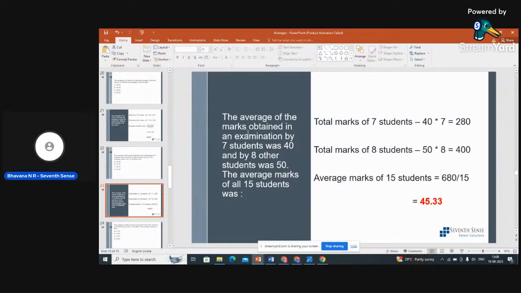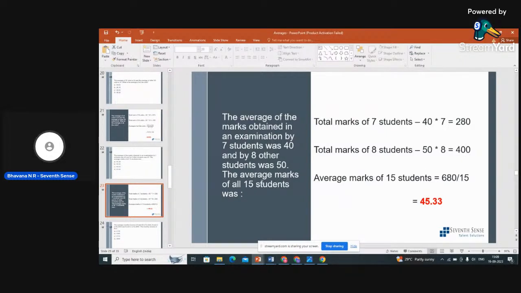Here the average of the marks obtained in an examination by the 7 students is 40. So the total marks of the 7 students should be a multiple of 7, that is 280. Next, the total marks of the 8 students, that is into 8, equals 400.